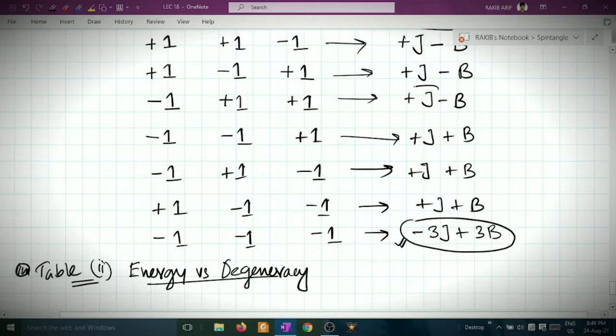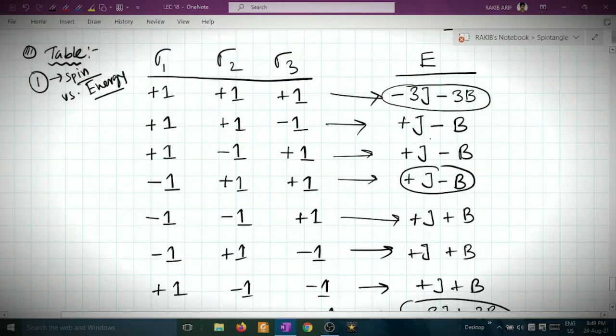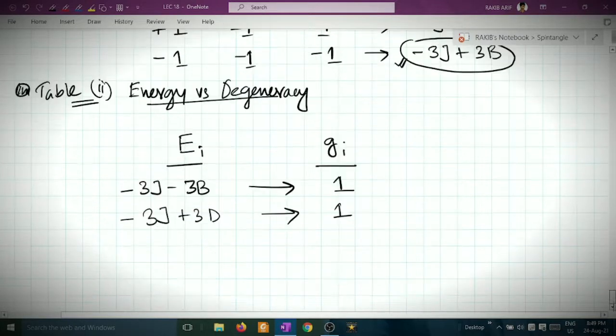The energy levels are plus j minus b. How many plus j minus b are here? Plus j minus b, plus j minus b. There are 3 plus j minus b. Therefore threefold degeneracy. Plus j minus b is 3, and also there are plus j plus b.